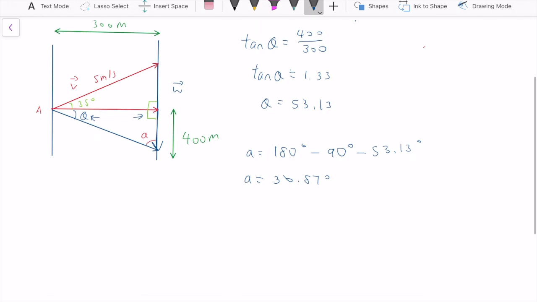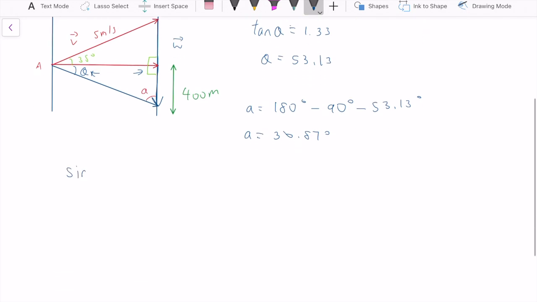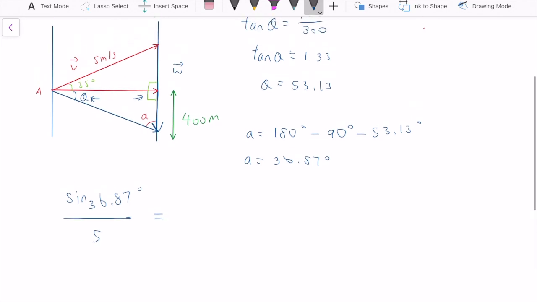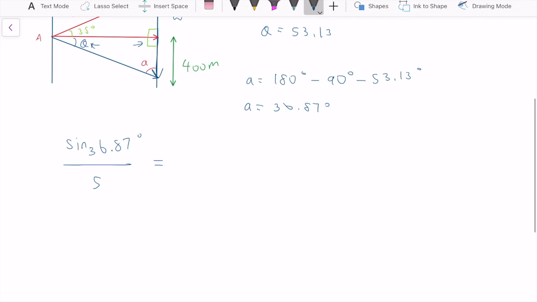Why we need A? Because opposite here is an angle, you know sine law. So you can do sine law. Sine 36.87, which is the one we found, over 5 equals, we want to find this whole thing, which is the current, the speed of the current.